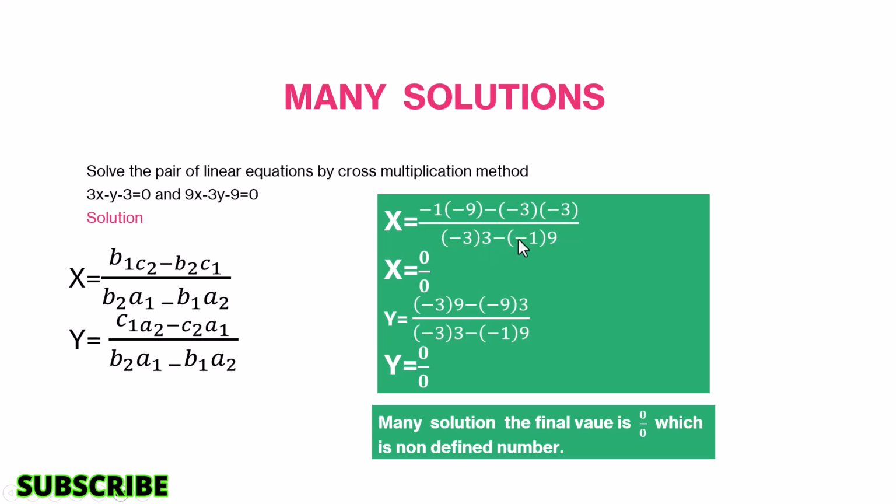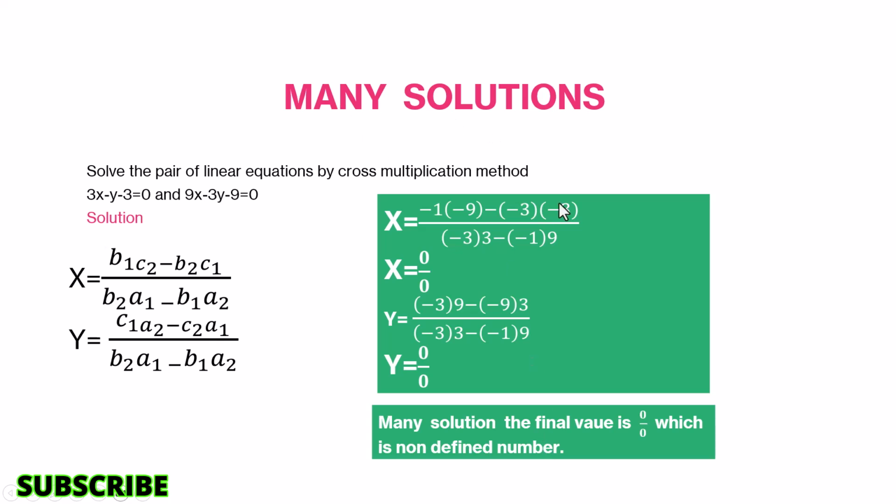Then the denominator: b2 is equal to minus 3, a1 is equal to 3, minus b1 is equal to minus 1, and a2 is equal to 9. Here we get 0 by 0, and y also 0 by 0. So for many solutions, the final value is 0 by 0, which is a non-defined number.